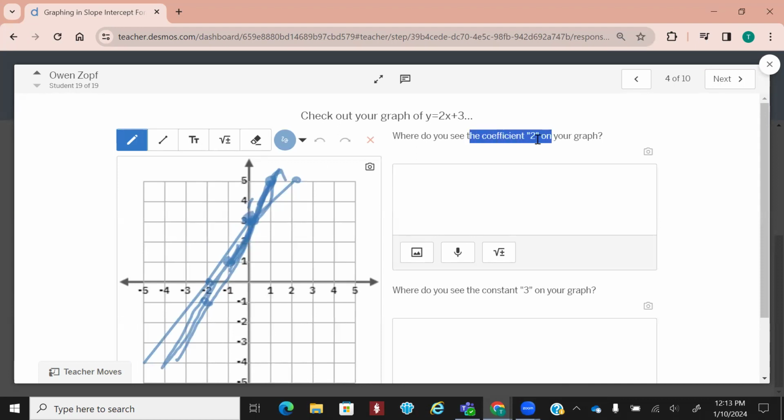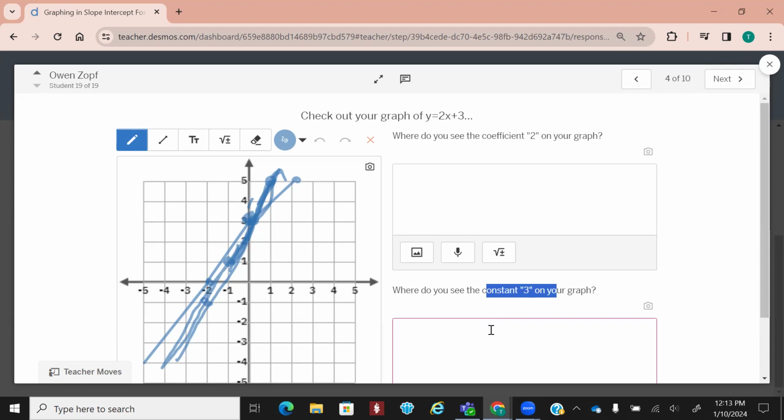It says, where do you see the coefficient 2 on your graph? Better yet, where is the constant 3 on the graph?